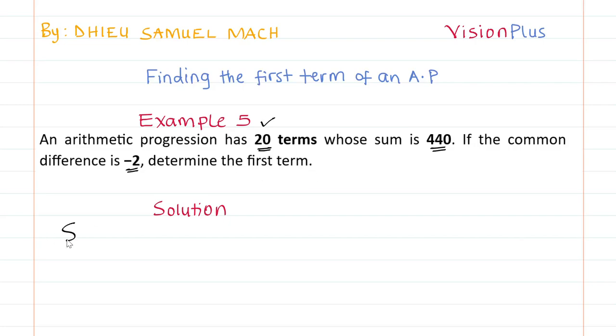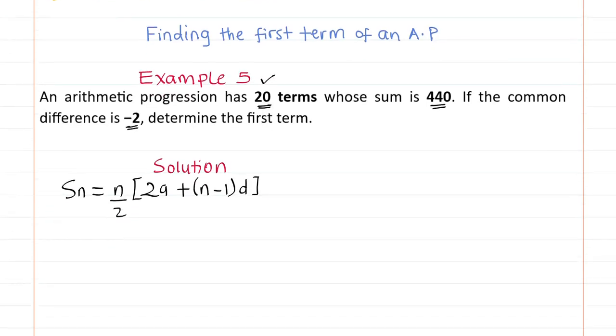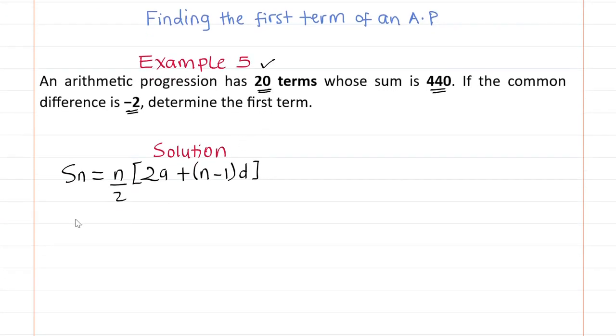The formula for getting the sum is Sn equals n over 2 into 2a plus (n minus 1) times d, close. What do we have in the question? We have the number of terms, 20.